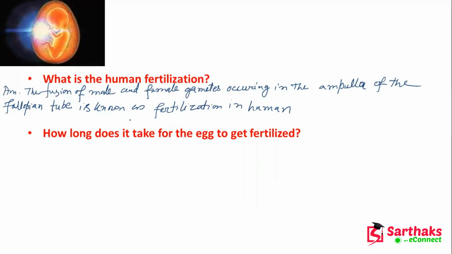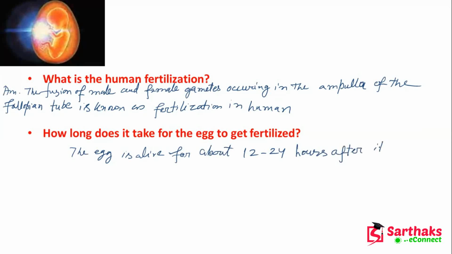Next, how long does it take for the egg to get fertilized? The egg is alive for about 12 to 24 hours after its release from the ovary.